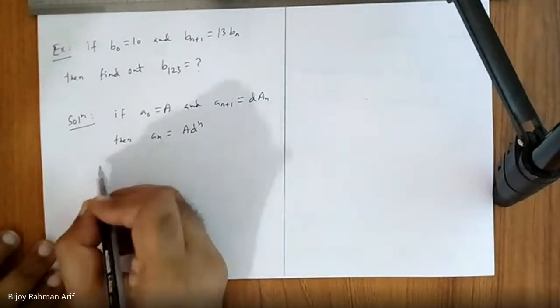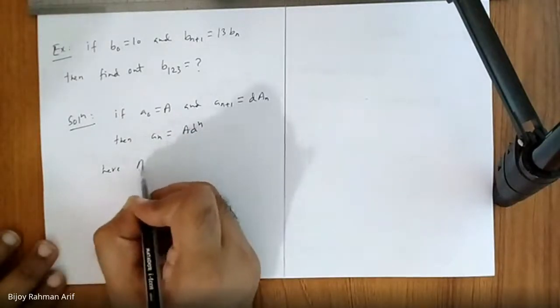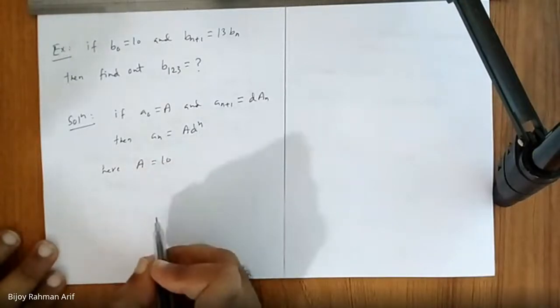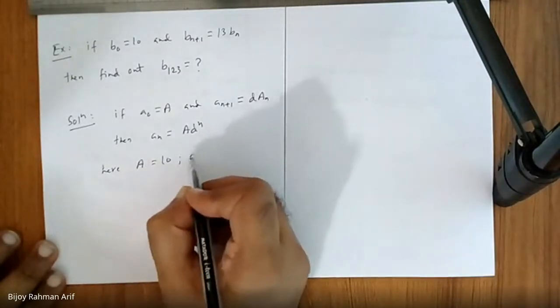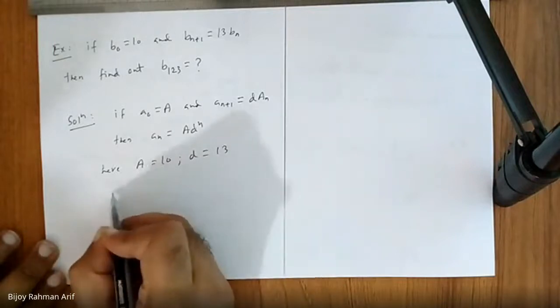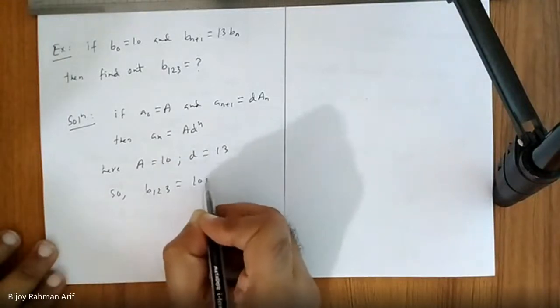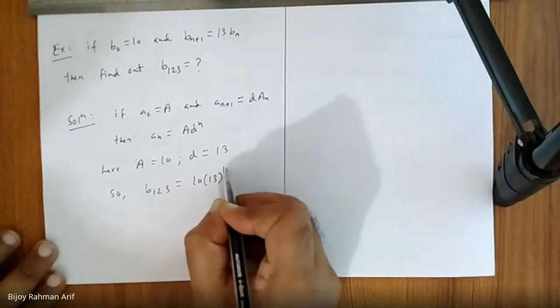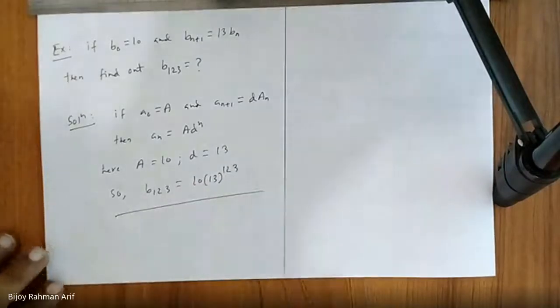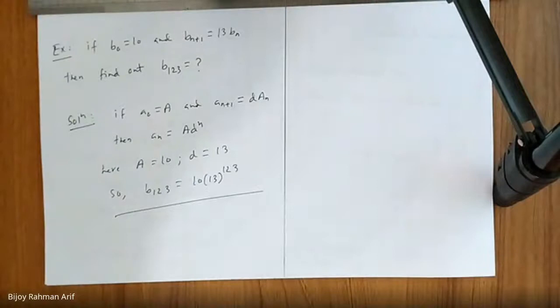Here a = 10, d = 13. So b123 is equal to 10 into 13 to the power 123. Did you get it?